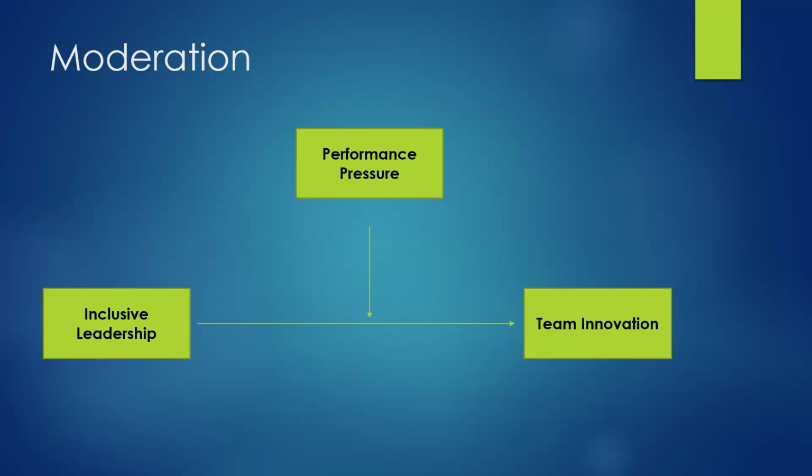So the moderating variable decides or gives a sense of how strong that relationship is going to be. In some cases, it could even change the direction of the relationship between the two variables.